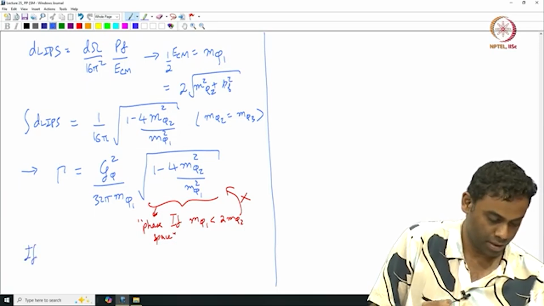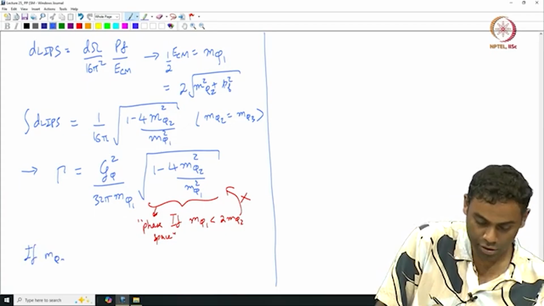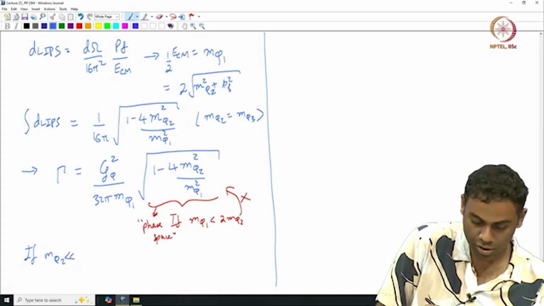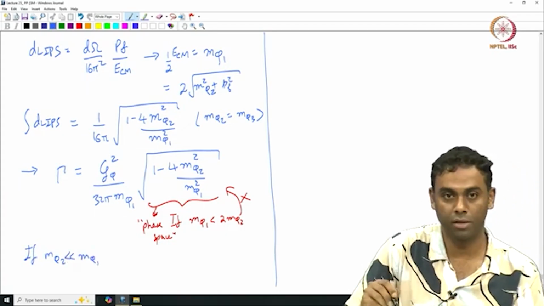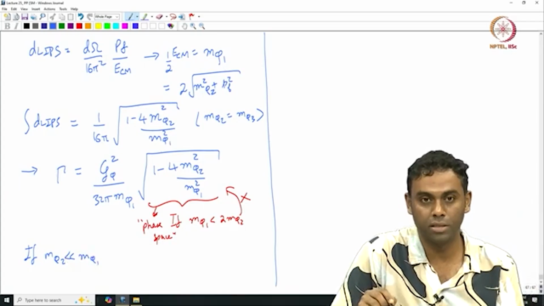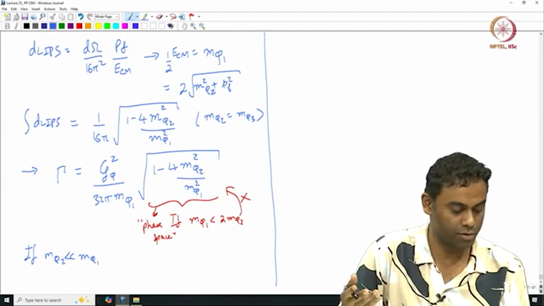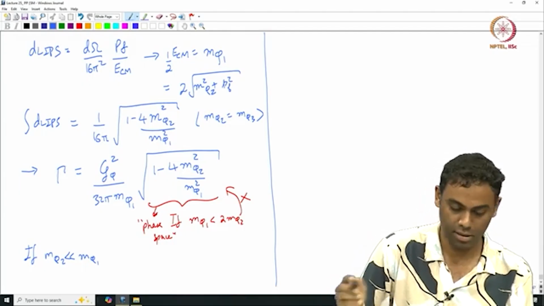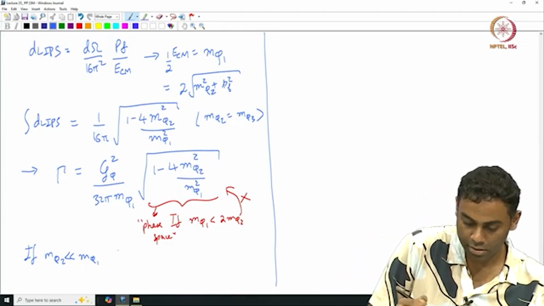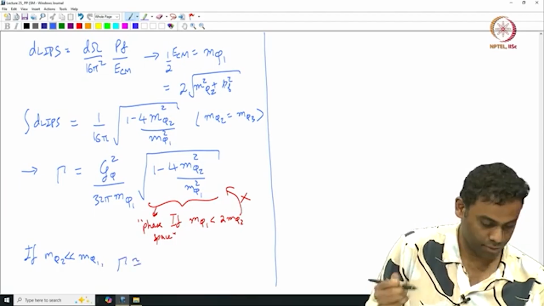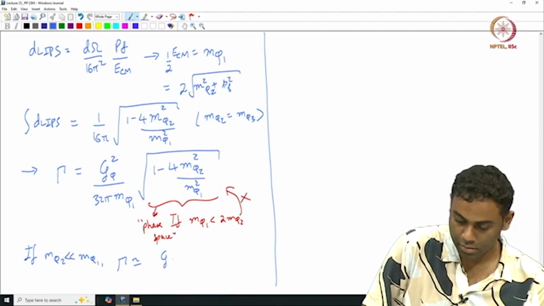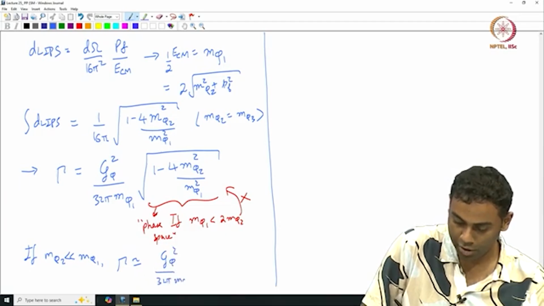Whereas if m phi 2 is much smaller than m phi 1, that is, if the daughter mass is negligible, if the daughter is almost massless, or even literally massless, then you get g phi squared over 32 pi m phi 1, that is it.